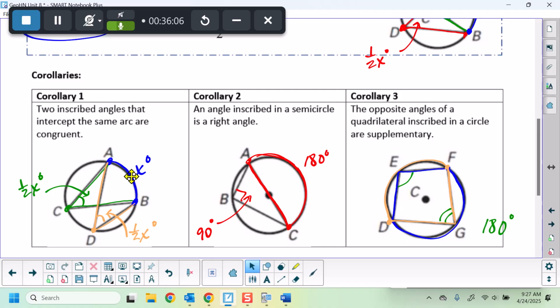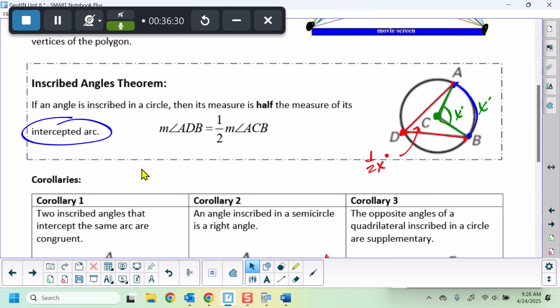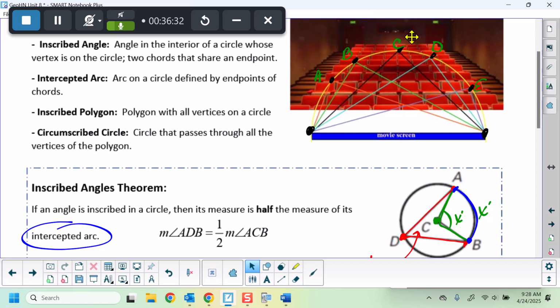Do you see how both of them have a vertex that sits right on the circle? They're the same measure. They are 1/2 of that angle measure. 1/2 of the central angle, 1/2 of the intercepted arc. Guess what that means? Every single one of these seats in the movie theater has the same view.